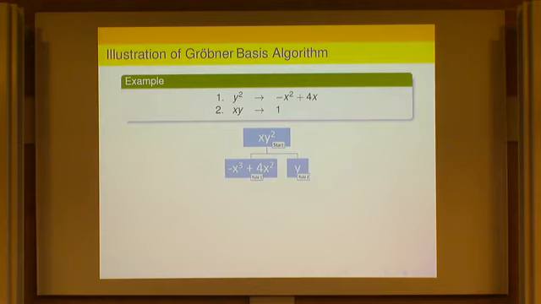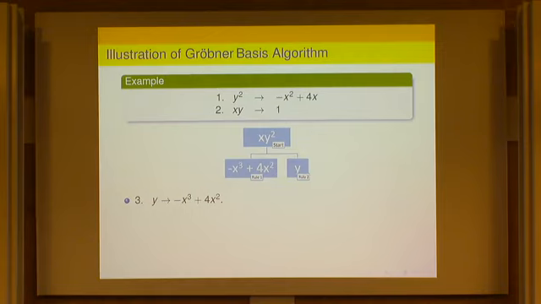And you get this, and you can see that this is a very nice polynomial. y is purely in terms of x. This is one of the nice properties of a lexicographic Groebner basis when you're dealing with zero-dimensionality. You will always get a polynomial in the least variable, then the next highest, and so on.